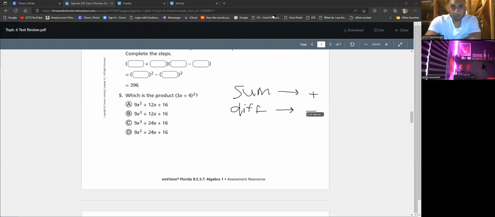Product, multiplication. What's the word for division?